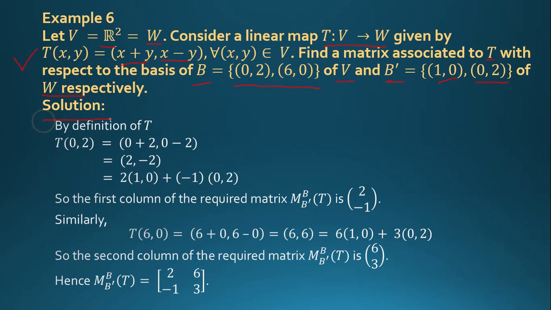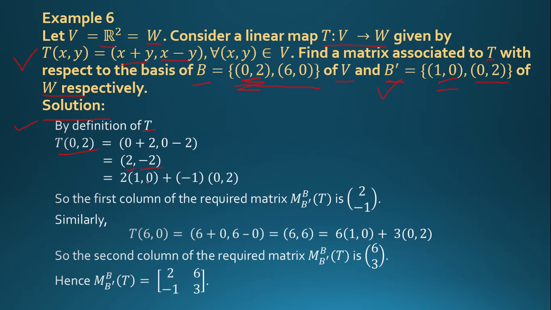Solution. We have given the definition of transformation. For the first column we take T of (0, 2) is equal to, by definition, (x plus y, x minus y). If we add both, 0 plus 2 is equal to 2 and 0 minus 2 is equal to minus 2. And in the second basis, first component (1, 0).